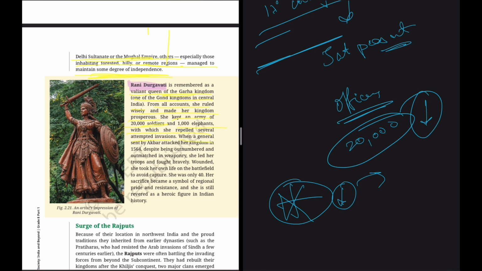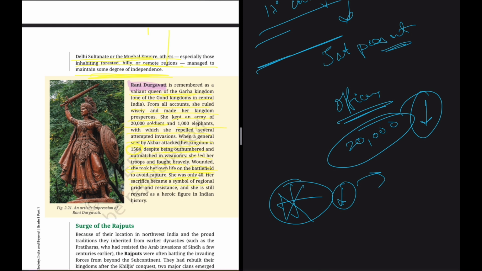And when a general sent by Akbar attacked her kingdom in 1564, even though outnumbered and outmatched in weaponry, she led her troops and fought ferociously. Wounded, she took her own life on the battlefield to avoid capture. She was only 40.